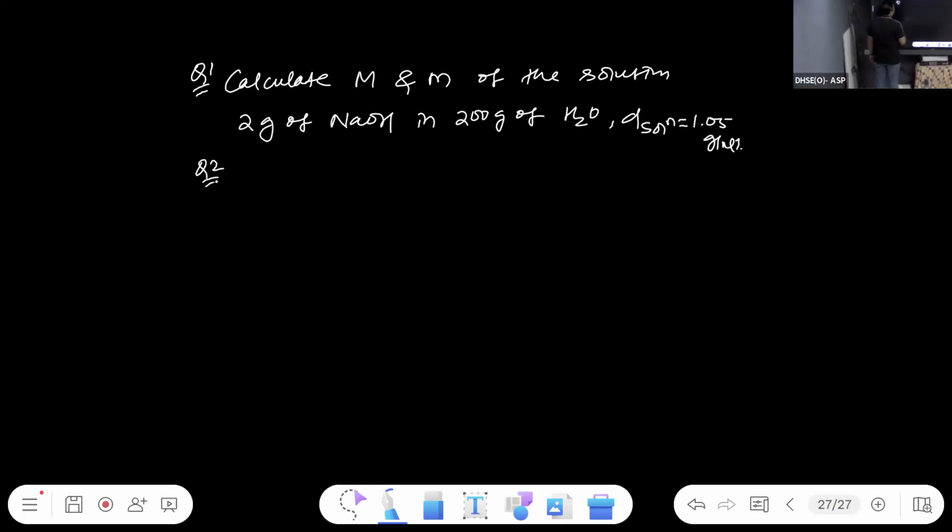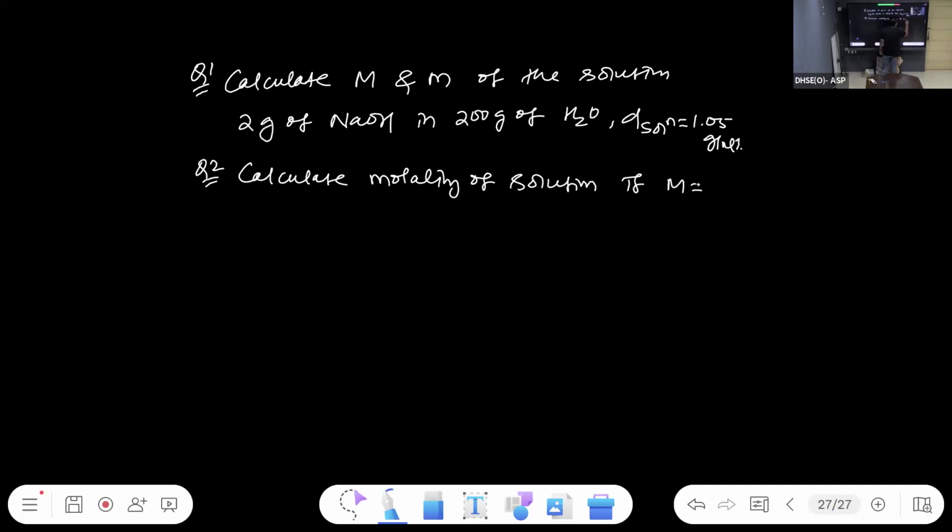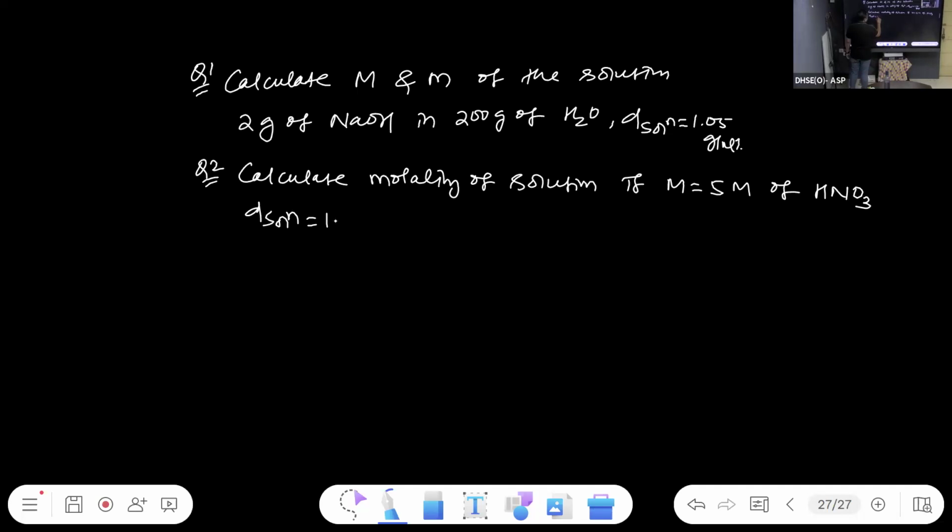The second question is: calculate the molarity of the solution if the molarity is 5 molar of HNO3, with the density of the solution as 1.45 gram per milliliter.